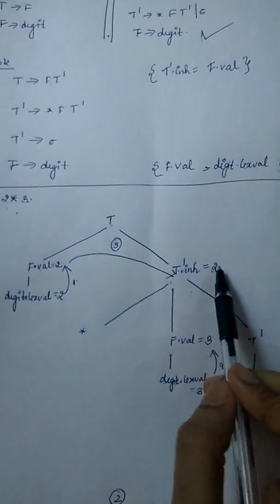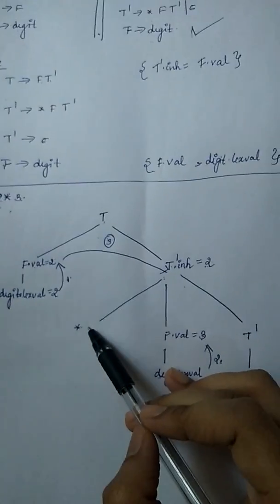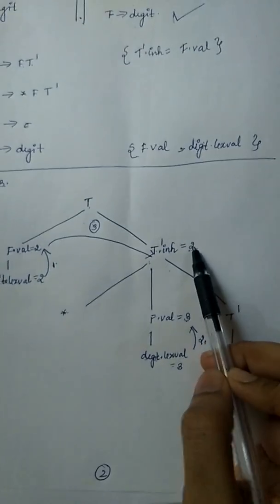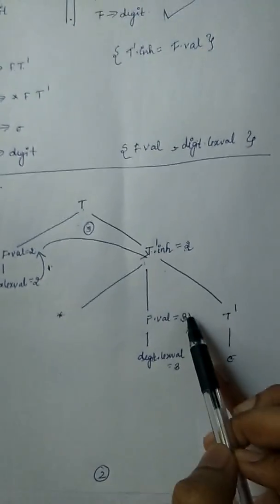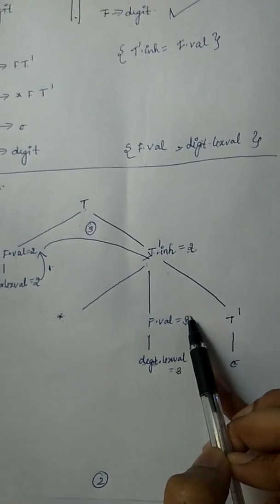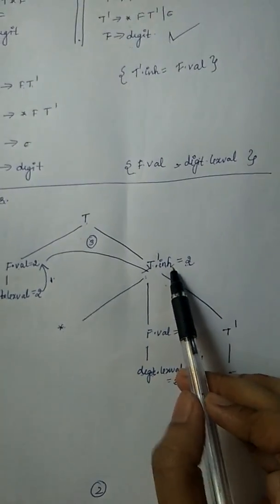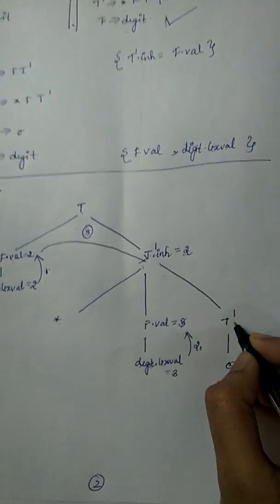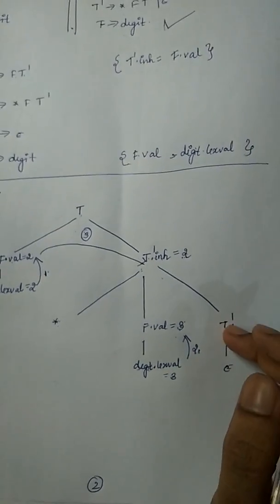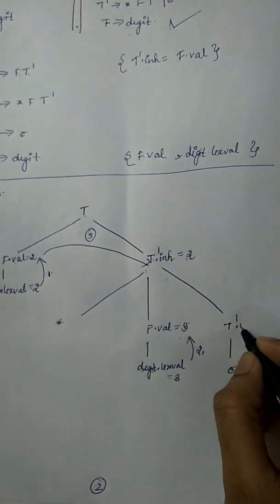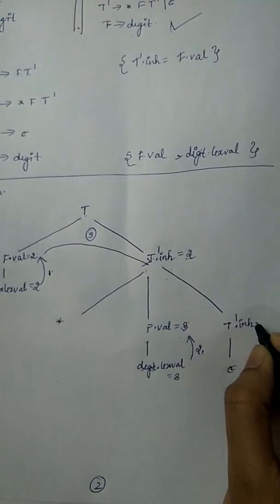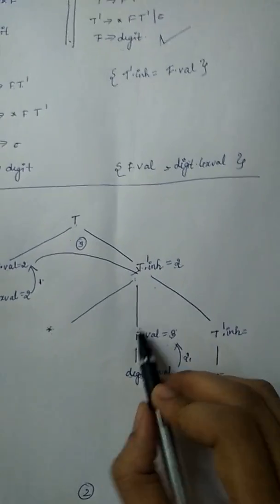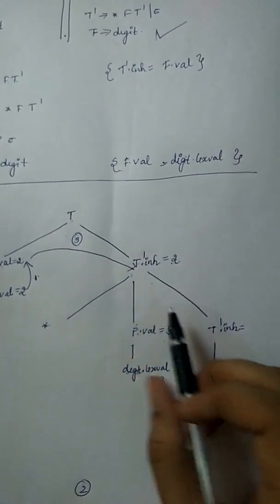So now you have the two operands 2 and 3 as well as the operator residing in the same subtree. So 2 when multiplied with 3 gives you a value 6. So I can store this in T dash, right? Again, I have to store it in T dash. So what does T dash become? T dash also becomes inherited because it has got its value from its left sibling, also from its parent, right?